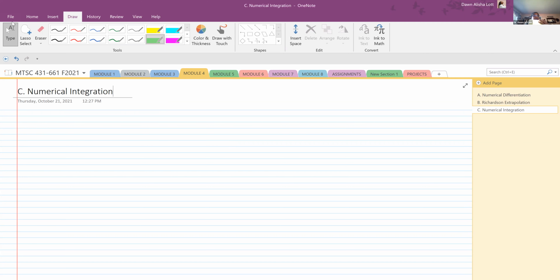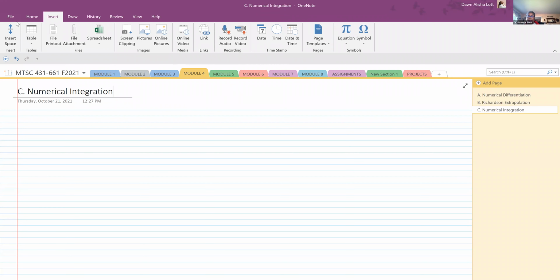There's nothing new and spectacular about this. We are going to do some cool stuff in this section, other than trapezoidal rule and Simpson's rule, et cetera, et cetera. Okay, so let's just talk about some motivation for this.